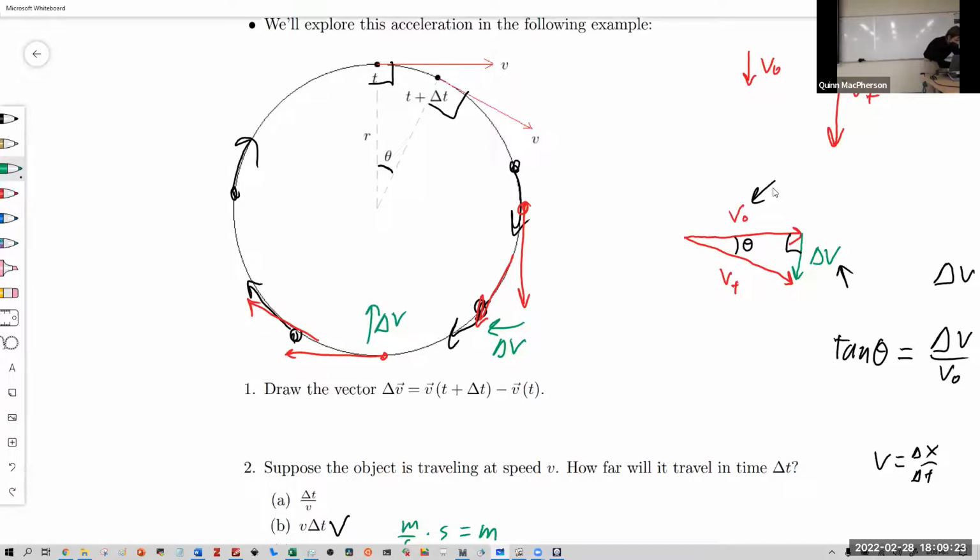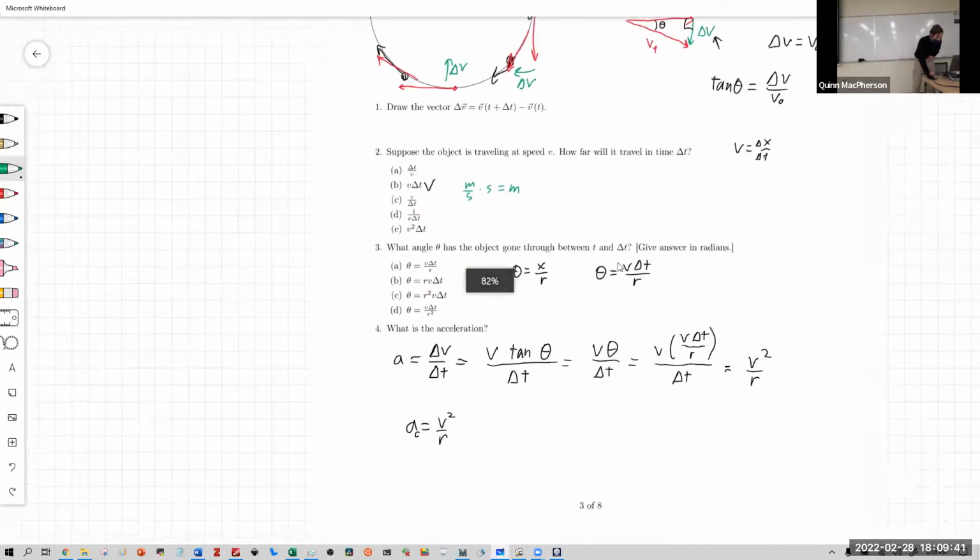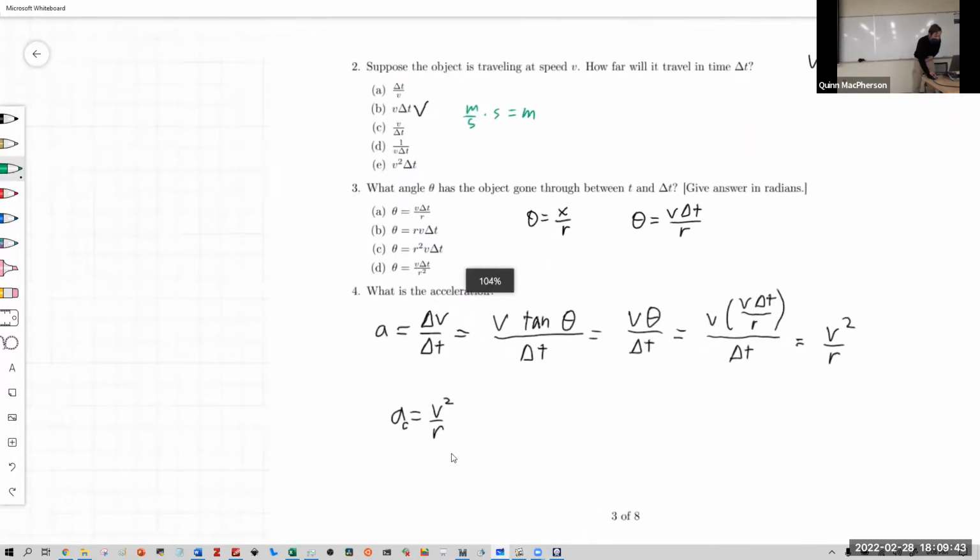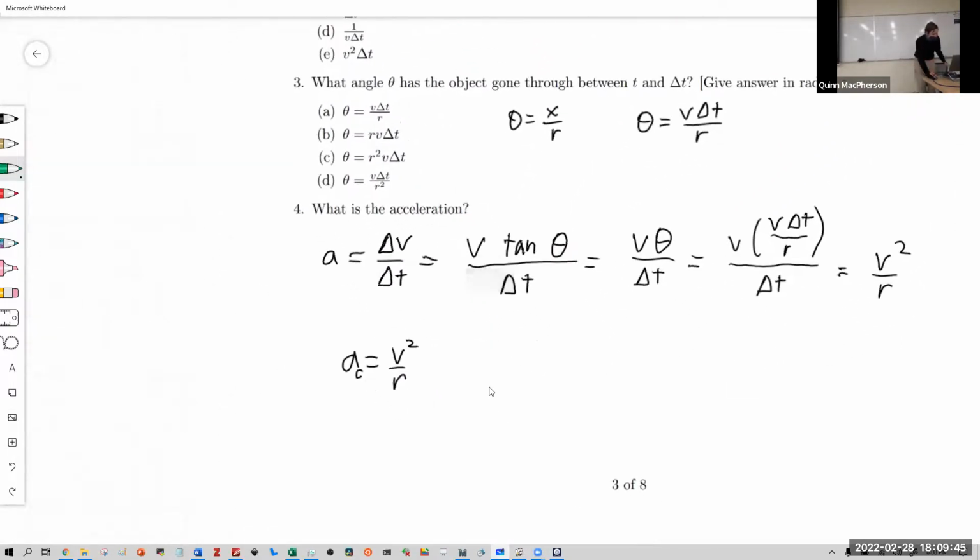No matter where you are, you're accelerating towards the center, hence centripetal acceleration. So centripetal acceleration is the acceleration you experience towards the center of the circle as you go around the circle. And its magnitude happens to be V squared over R. That is a memorizable equation.